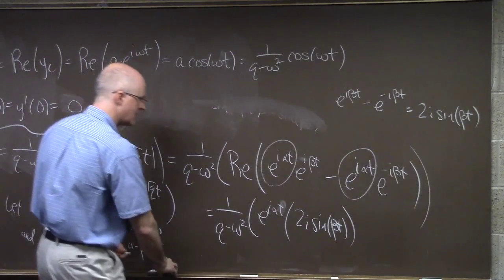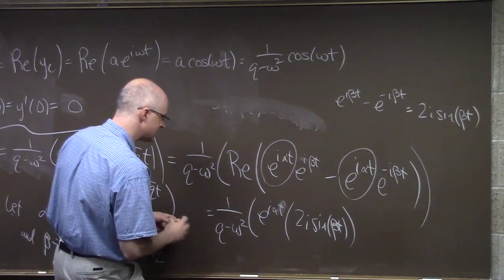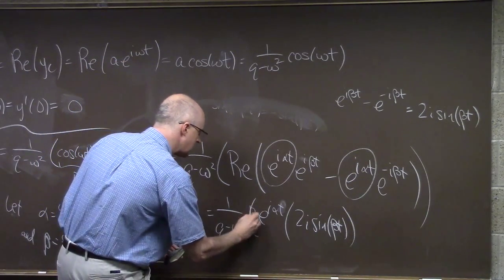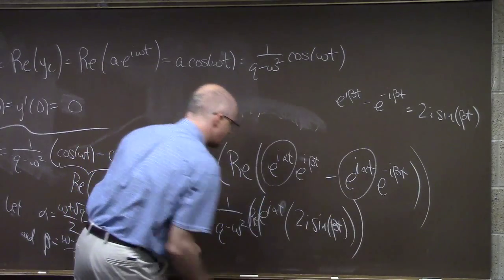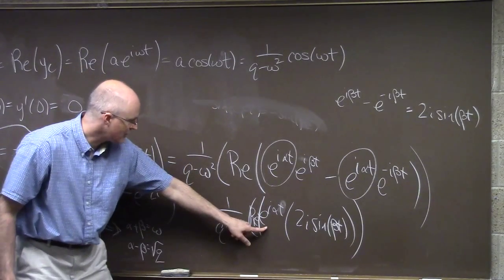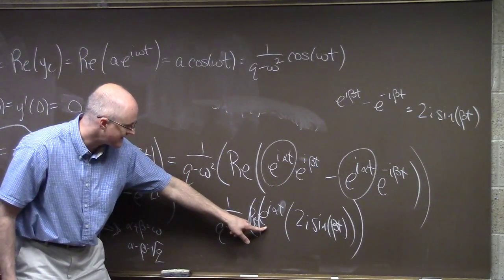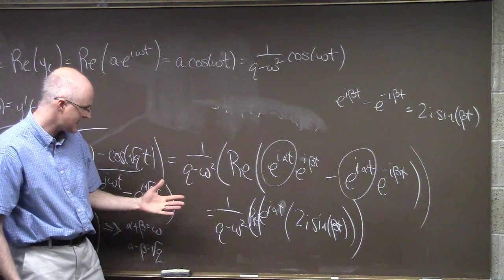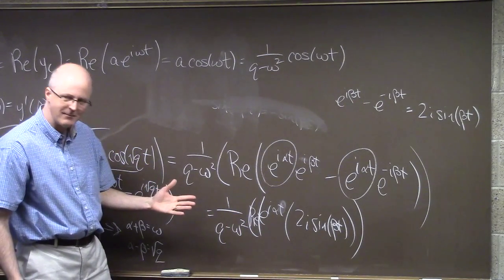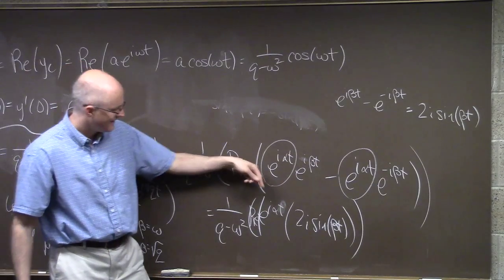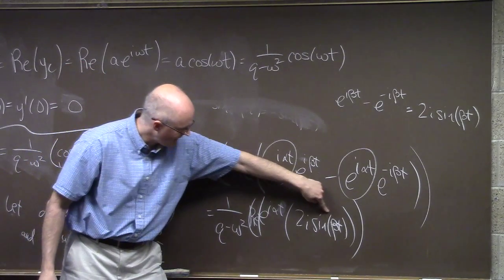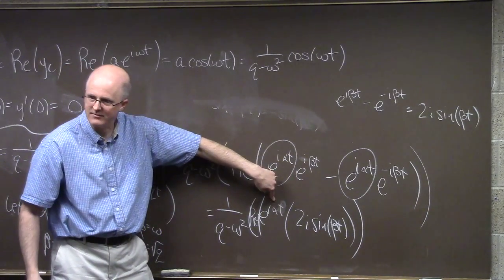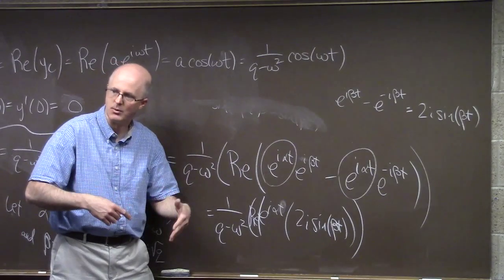Make that replacement. I forgot my real part here. Still need my Re. Think about that as cos alpha t plus i cos beta t. What's the real part of this going to be? The real part is going to come from multiplying this times the imaginary part of that so that you get an i squared.